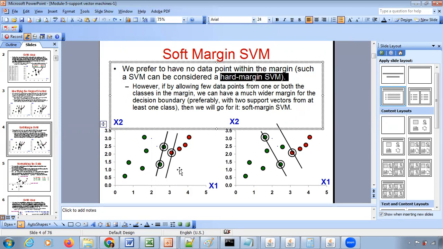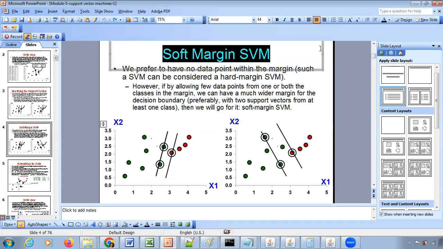But if by allowing one or a few outliers, there's no particular number, to be part of the decision boundary, we can find a margin that is much wider, then we can go for that decision boundary. Then we will say we are going for a soft margin support vector machine rather than a hard margin support vector machine.